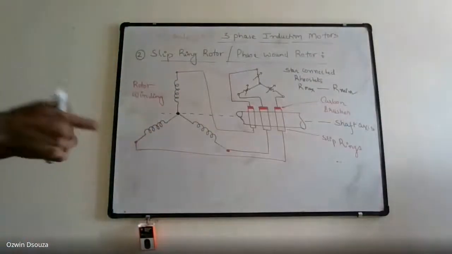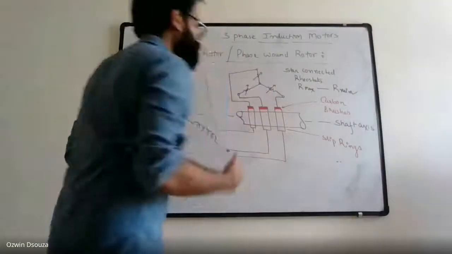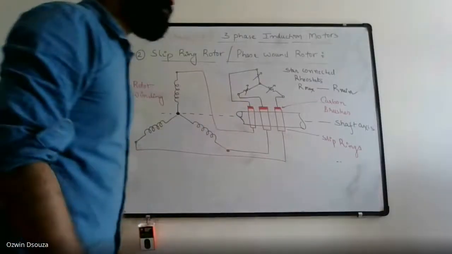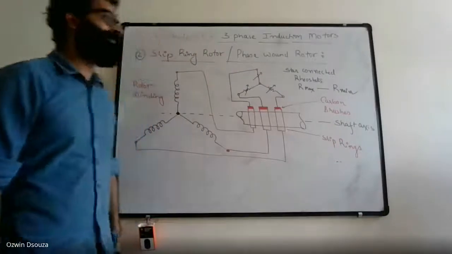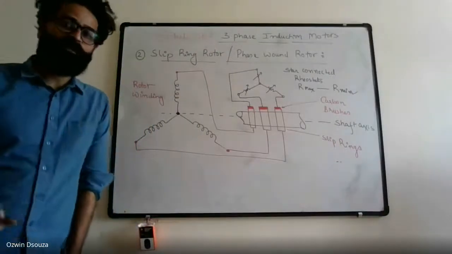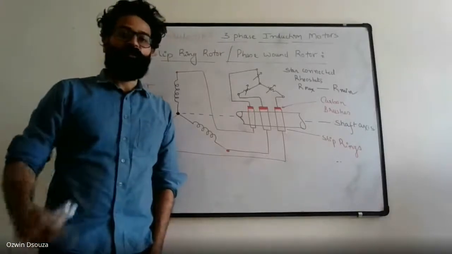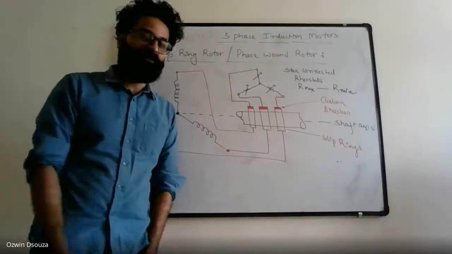So that addresses the problem which was encountered in squirrel cage induction motor. In squirrel cage induction motor, since the rotor circuit was short circuited by means of end rings, you never had any provision to add external resistance.